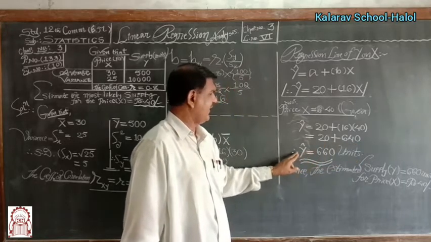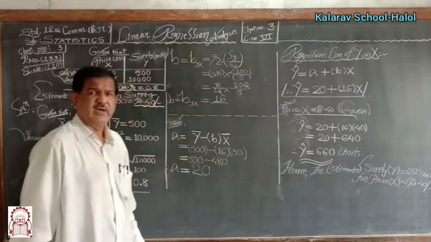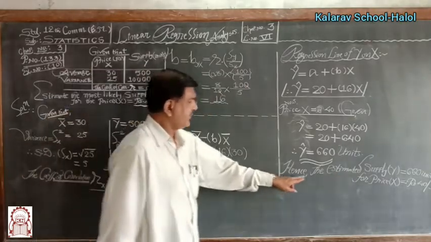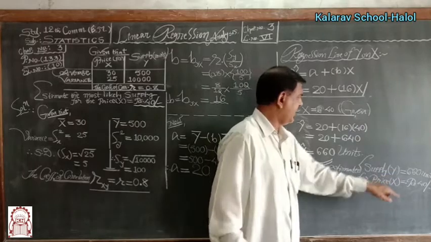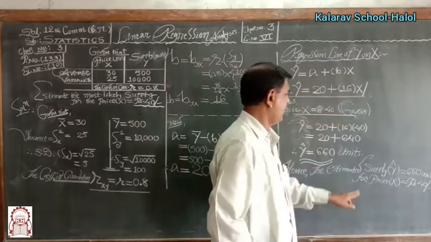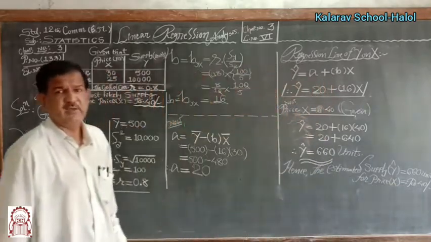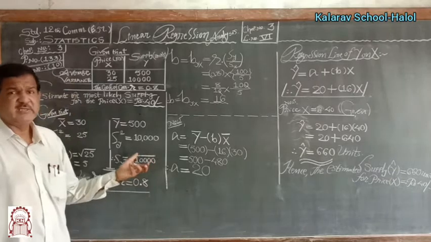Ultimately the answer will be y cap equal to 660 units. Hence the estimated supply y, means y cap, is 660 units for price x is rupees 40. See, this is a very simple method.